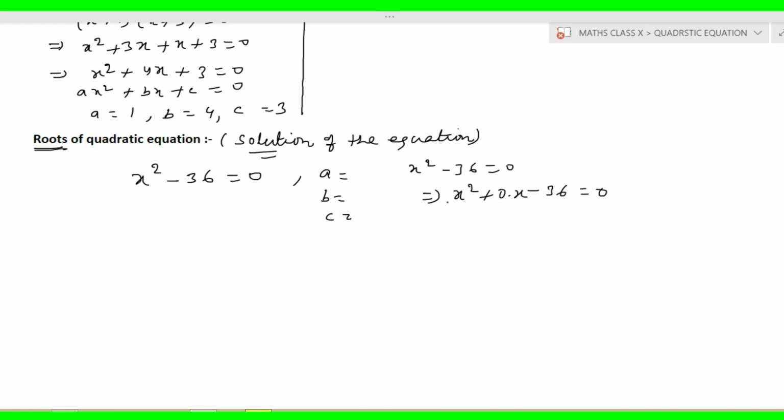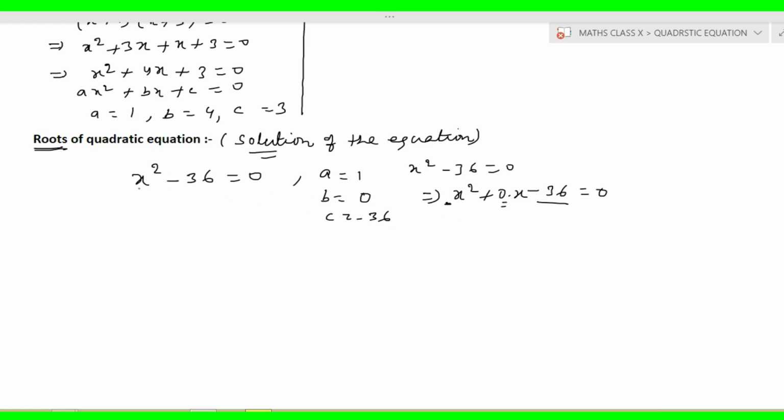By comparison, the coefficient of x square is 1, so the value of a is 1; the coefficient of x is 0, so the value of b is 0; and the constant term is minus 36, so c is minus 36. This way, if an equation is given, we can write it in standard form and easily locate the values of a, b and c, right?